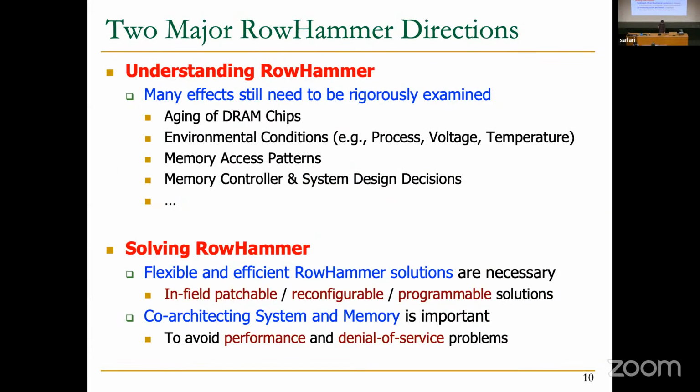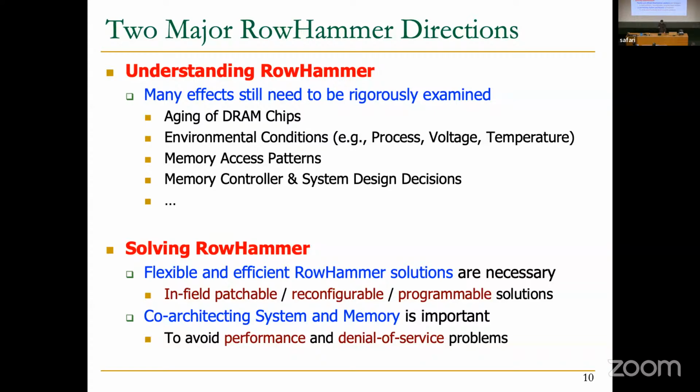So I believe there are many more security implications if you can arbitrarily flip bits in your memory. And in fact, even up to this day, people are still proposing and demonstrating many attacks using RowHammer.